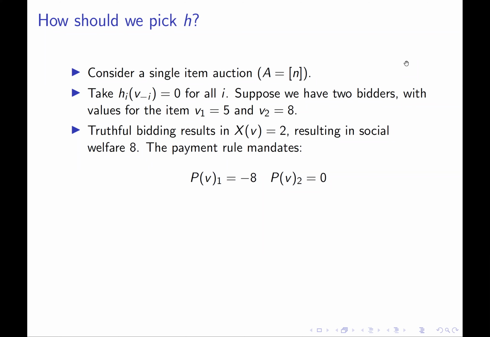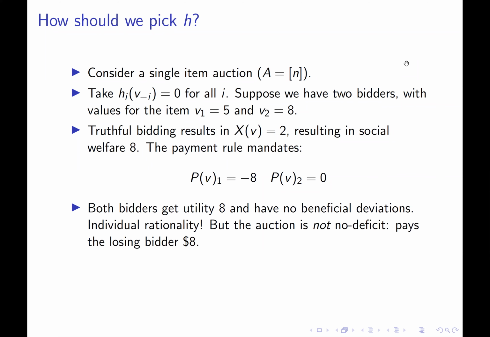Bidder 2 has valuation 8. And what the payment rule says is, bidder 1 is asked to pay h of v2, which is 0, minus v2. Okay, so bidder 1 is asked to pay minus $8, meaning we pay bidder 1 $8, and bidder 2 is asked to pay $0.